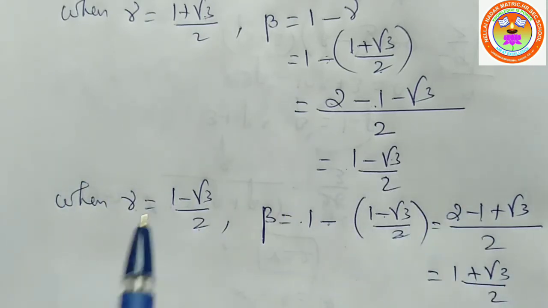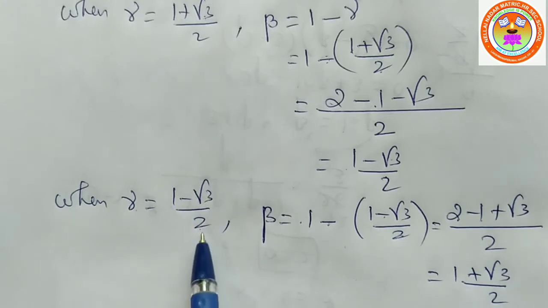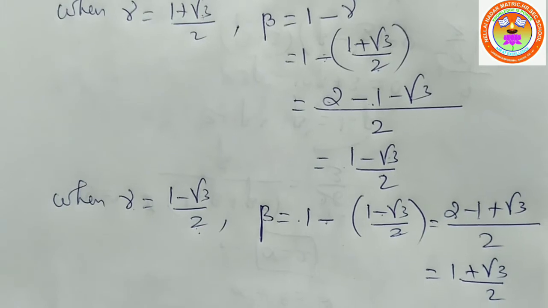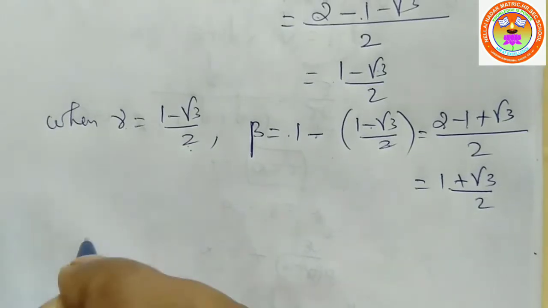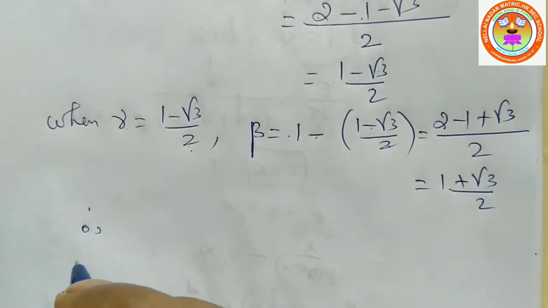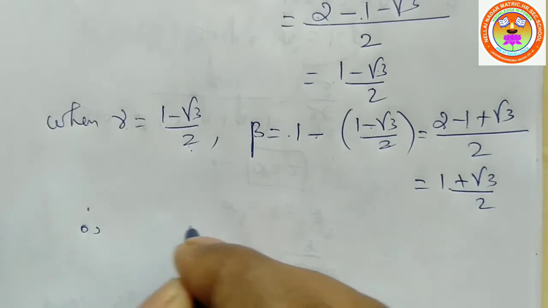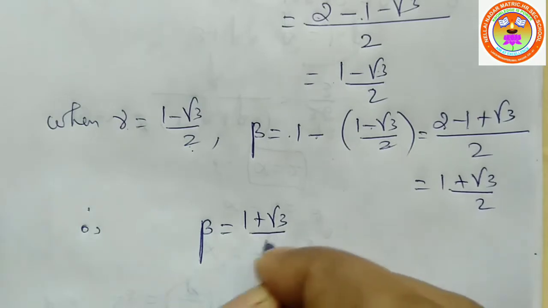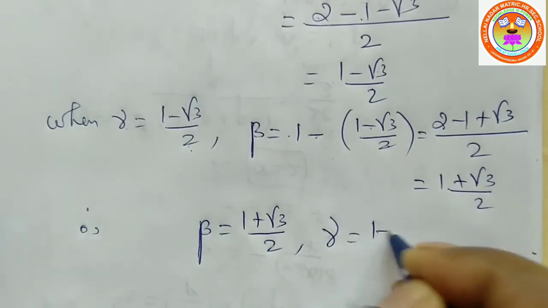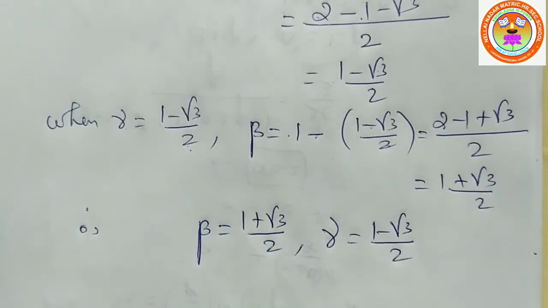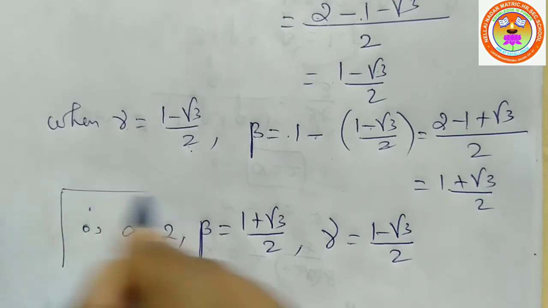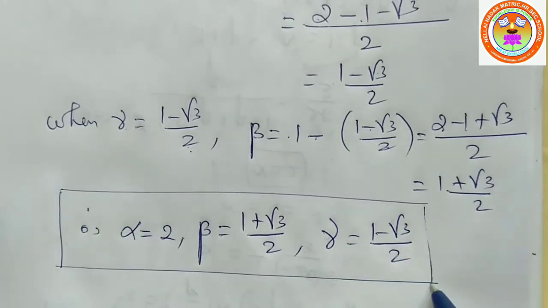Or if we assume gamma is equal to 1 minus root 3 by 2, beta is becoming 1 plus root 3 by 2. So we can take the value beta as 1 plus root 3 by 2, gamma is equal to 1 minus root 3 by 2. Already we got the value of alpha. Alpha is 2. So we got the 3 roots of the equation.